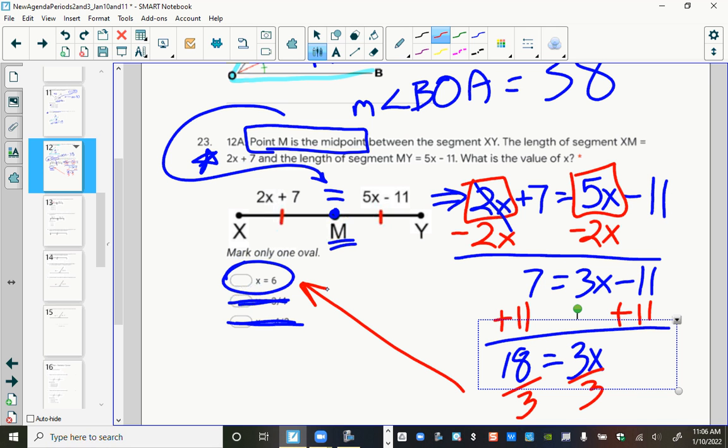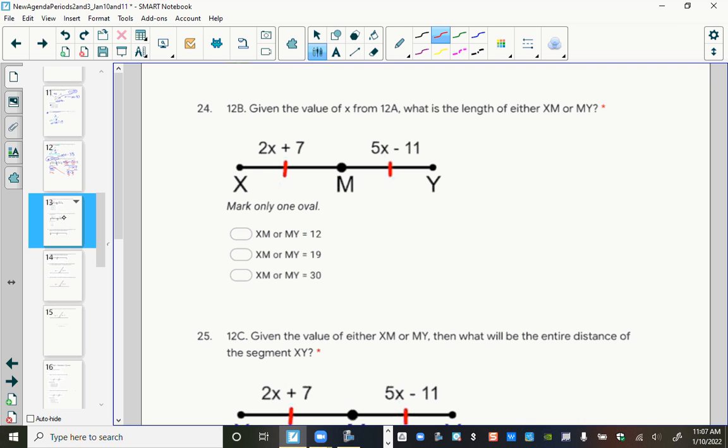All right. Now, for the next 2 problems, you have your x equals 6. All you're doing for the next 2 is you just substitute. X equals 6, I'll give it to you. And then you plug it into either here or there.